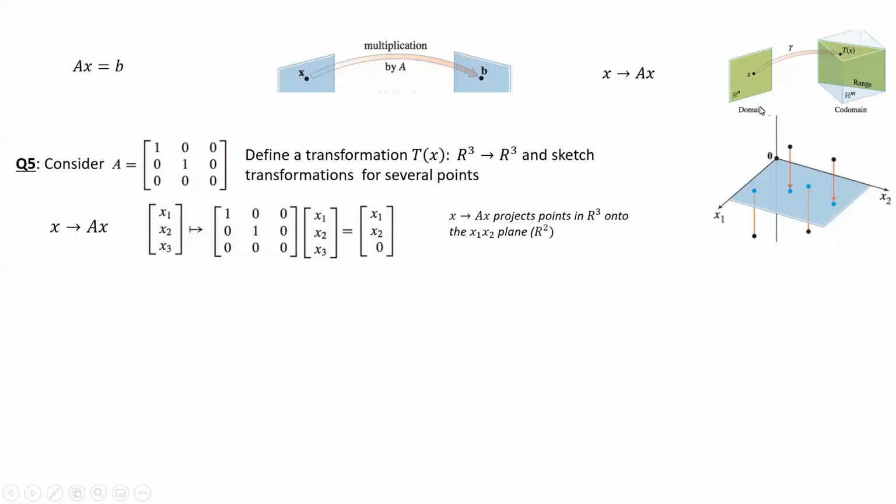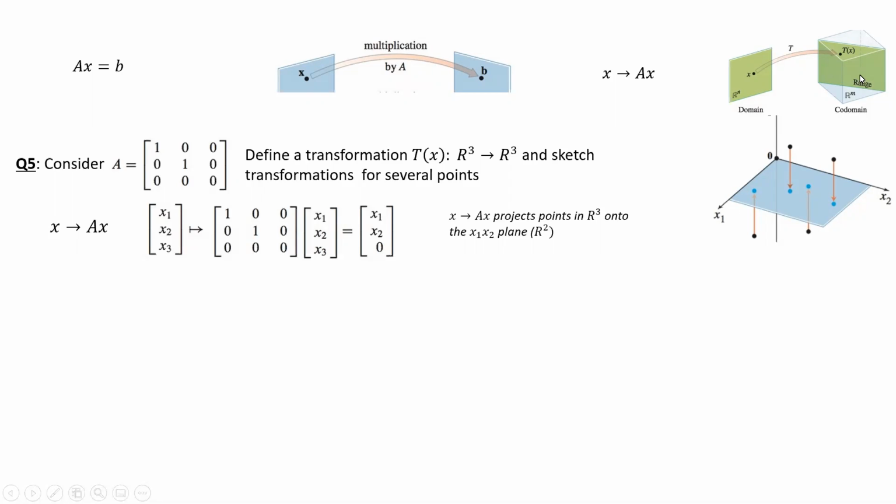And this is the case which probably confused you on the previous slide, because I told you about the range and the codomain, and I mentioned that they are not the same. And this is exactly the case here. Technically, our transformation goes from R3 to R3, so our codomain has 3 dimensions, but because our third component is equal to 0, the resulting image will actually be a plane.